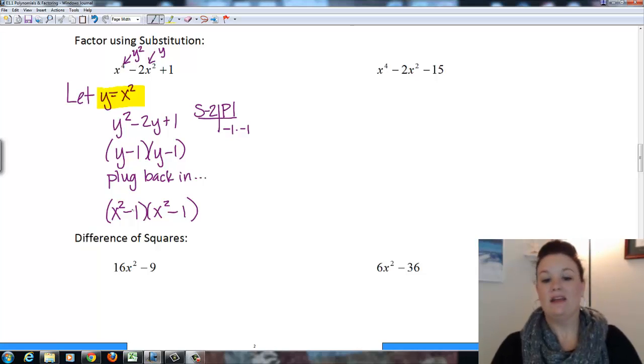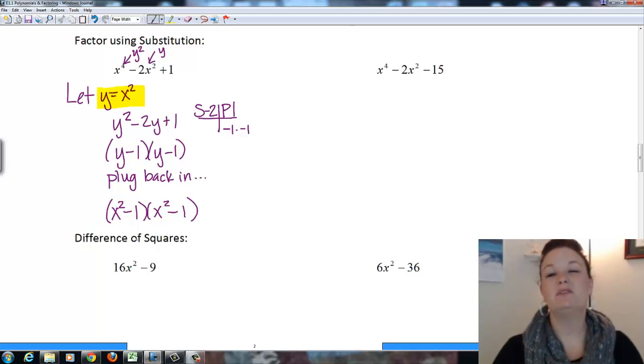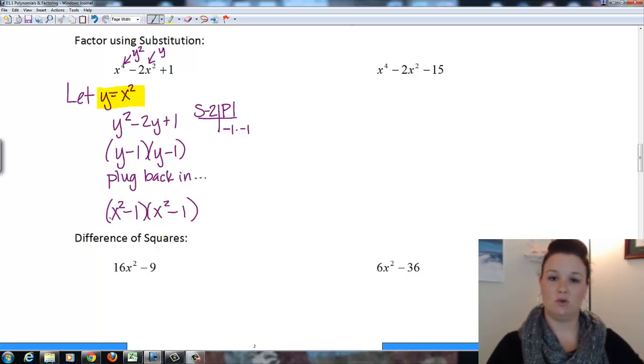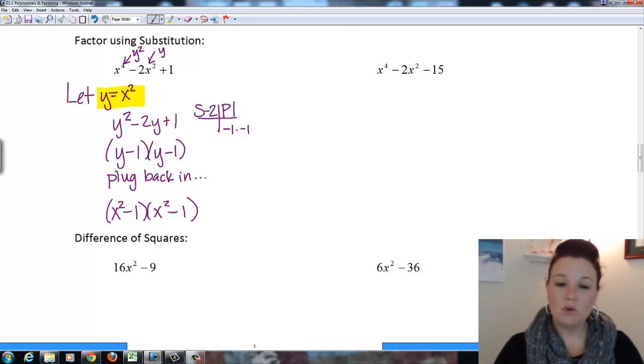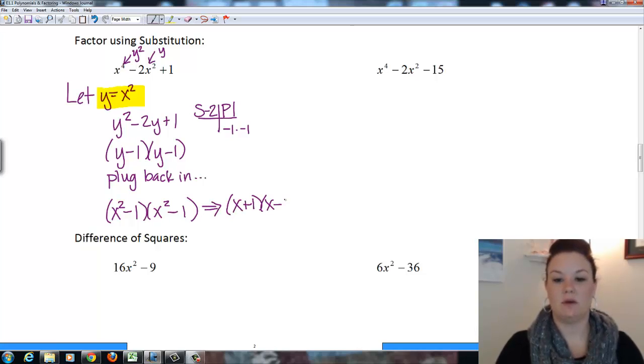Right? Now, this is actually a difference of squares, which we're fixing to go over in just a second. Most of y'all have seen a difference of squares. Difference of squares factors into the first base plus or minus the second base. So both of these are a difference of squares. So this first one becomes x plus 1 times x minus 1. The next one becomes x plus 1 times x minus 1.